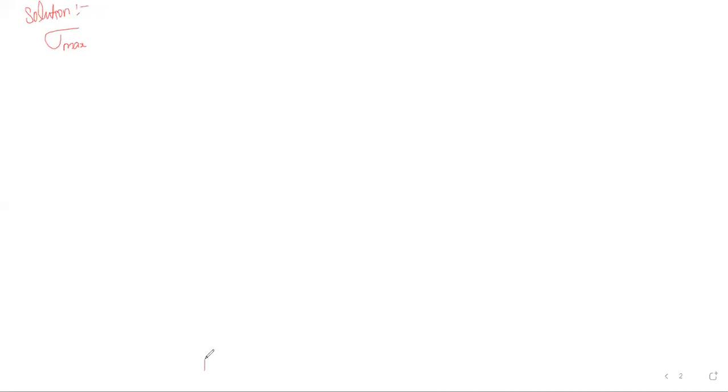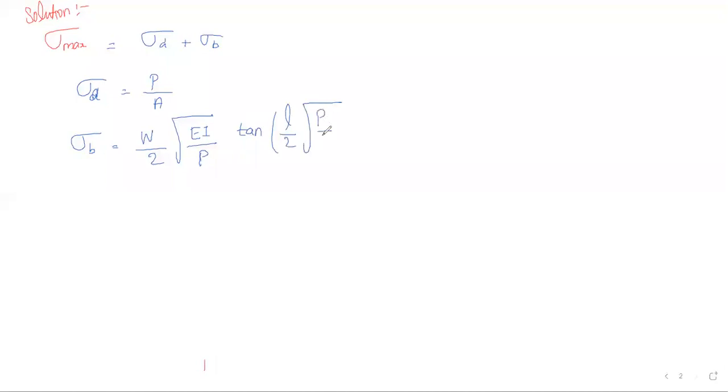So stress sigma max is equal to direct stress plus bending stress. Direct stress sigma D is equal to P by A. But for bending stress, the formula is W by 2 into root under EI by P into tan L by 2 into root under P by EI, into YC by AK square.